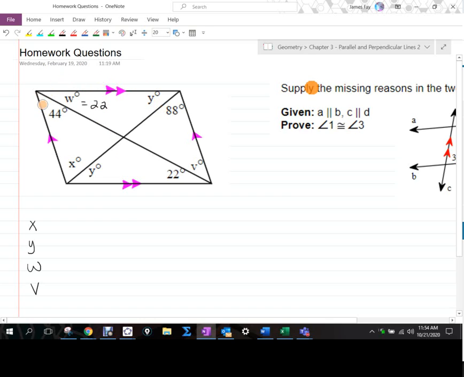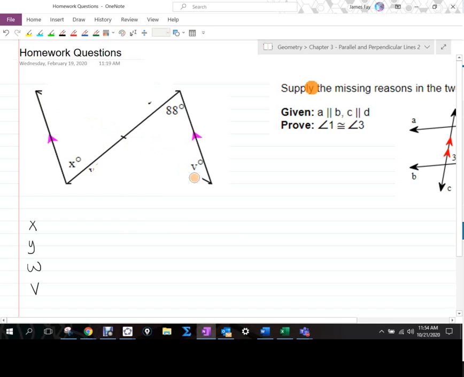So let's now look at the left and right parallel lines, yes. So get rid of those. Let's look at which transversal you want to look at. It doesn't matter. Let's look at this one here. What does that tell me X is? 88. They're alternate interior, right? So X is 88.